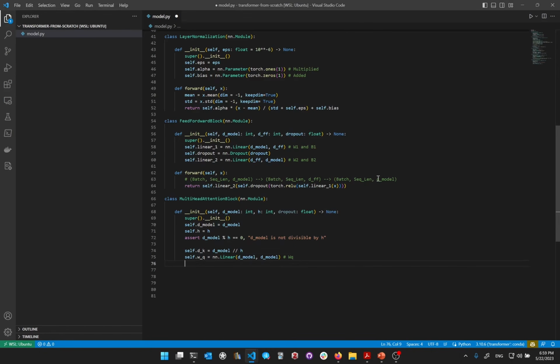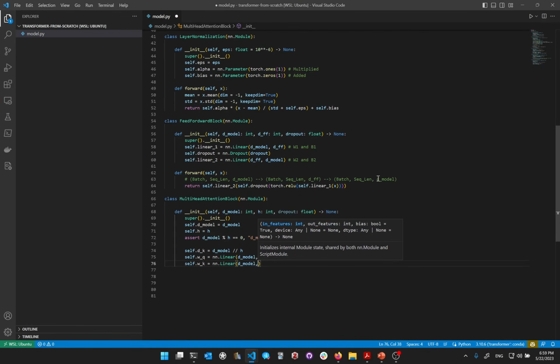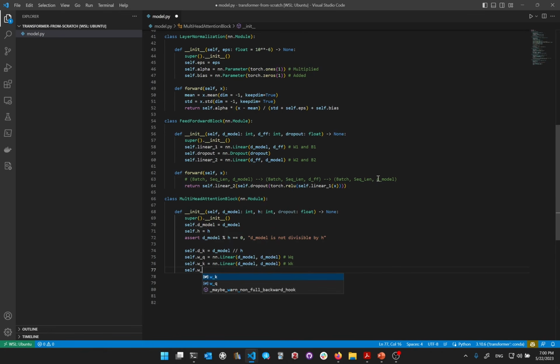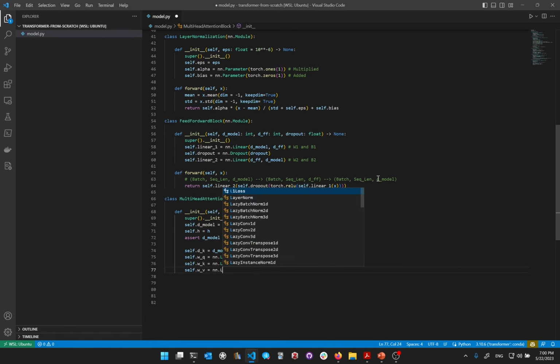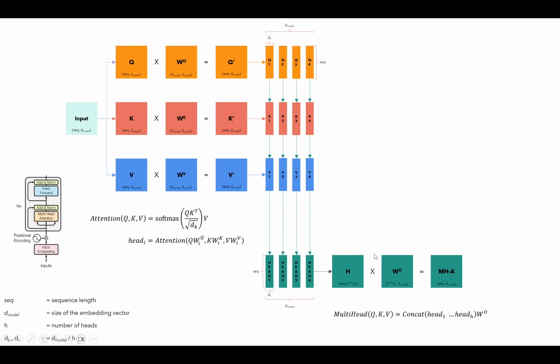So this is WQ, this is WK, and this is WV. Finally, we also have the output matrix, which is called WO here.